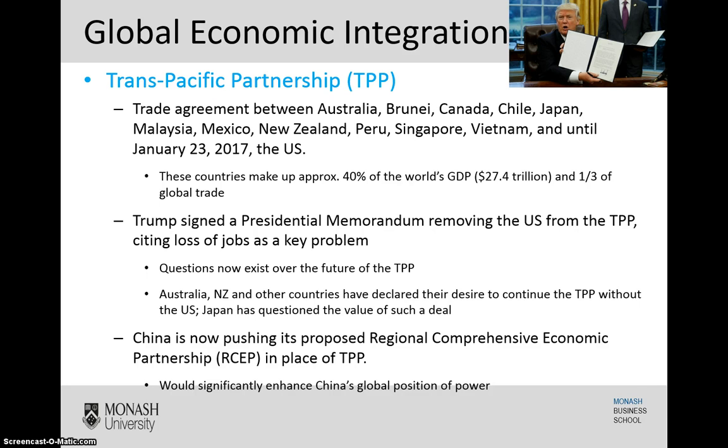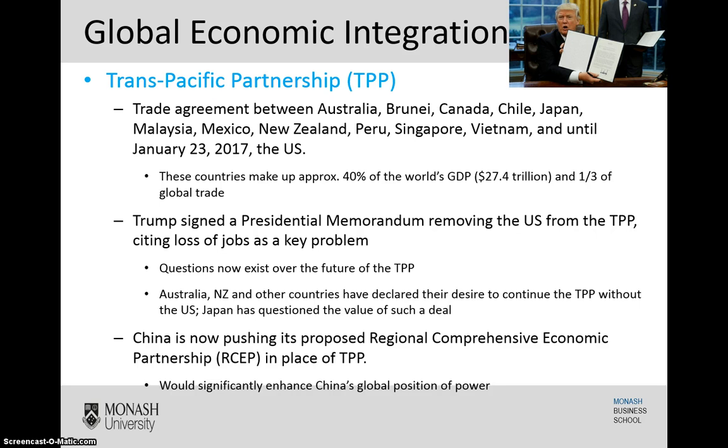They would be the key trading partner within that group, replacing the United States, and that would certainly enhance their ability, their power on a global scale. When it comes to doing international business, they would be the key trading partner in the region, absolutely, if this deal were to be agreed to.